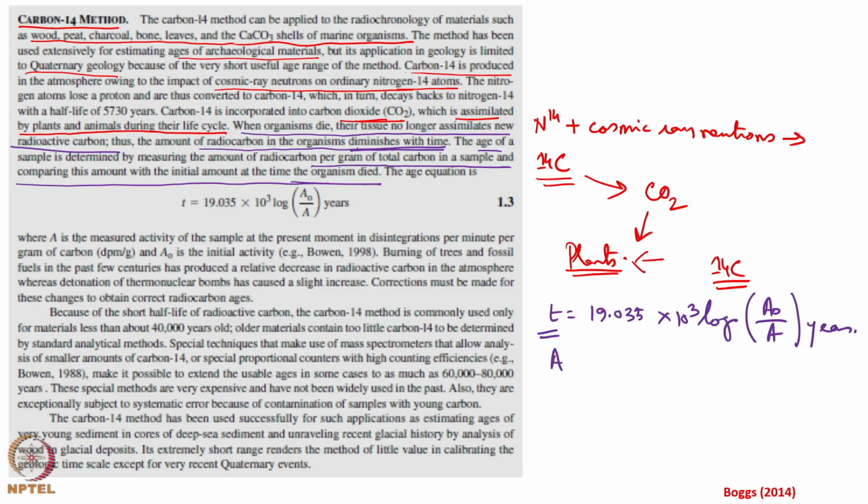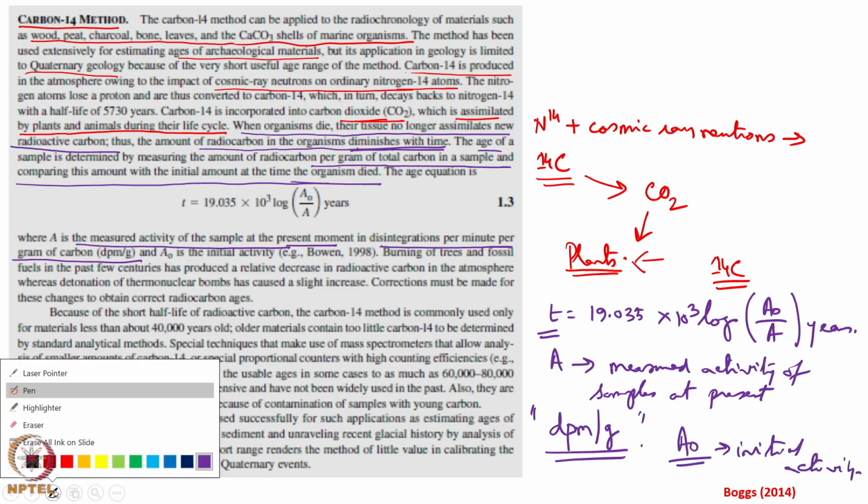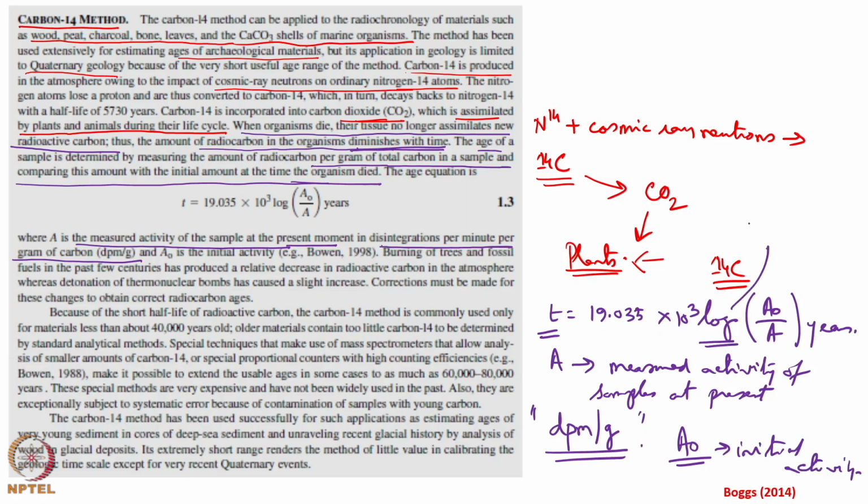A is the measured activity of the sample at present, and its unit is disintegrations per minute per gram of carbon, and A0 is the initial activity. Note we have used log here, which means log to the base 10, and A0/A, being a ratio of similar parameters, is unitless.